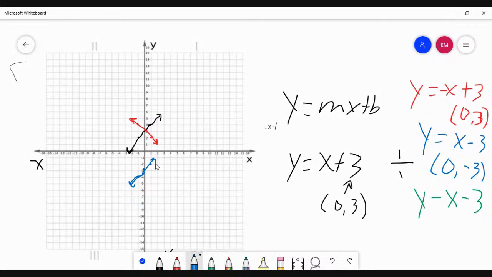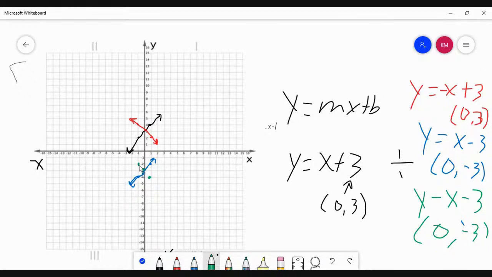I promise. Of course, if it is a negative slope and you still have a negative intercept, that means that's going to be 0, comma negative 3. Start at my 0, negative 3. Plot that point, and I can go up 1, left 1, or down 1, right 1.